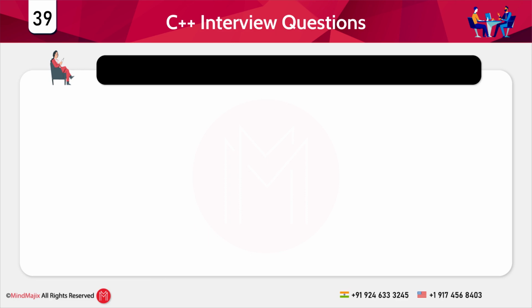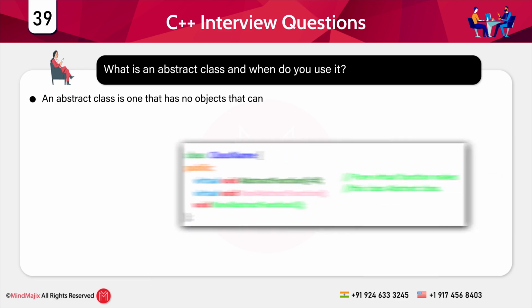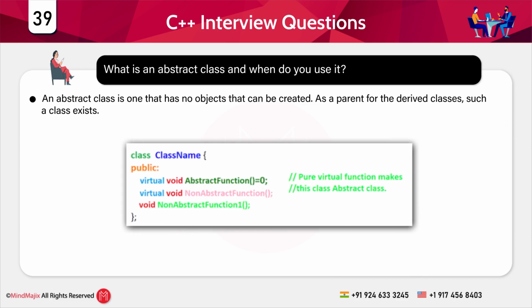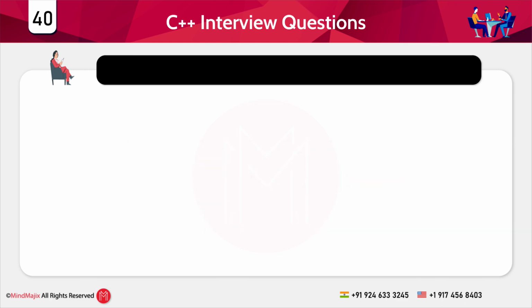The next question is, what is an abstract class and when do you use it? An abstract class is one for which no objects can be created. Such a class can exist as a parent for the derived class. By including a pure virtual function in a class, we can make it abstract. The next question is, what is an overflow error?